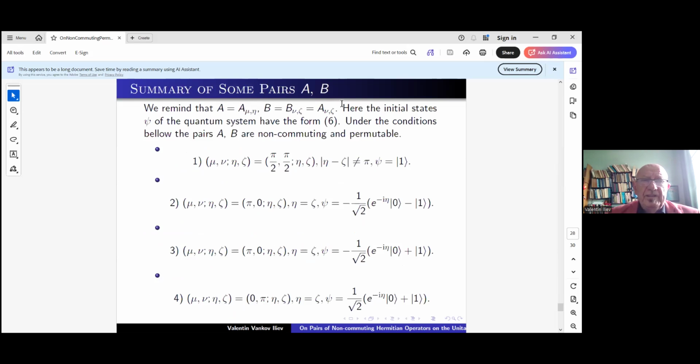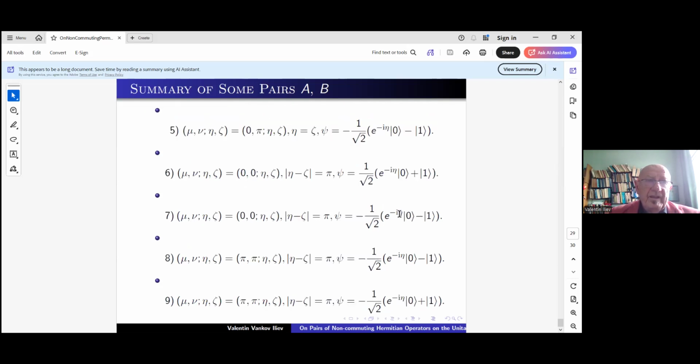Finally, we get nine pairs of operators A and B, and the corresponding initial states of the quantum system. Under these conditions below, the pairs A and B are non-commuting and permutable. And here is the list of those operators A and B in terms of polar coordinates and the corresponding initial state of the quantum system.